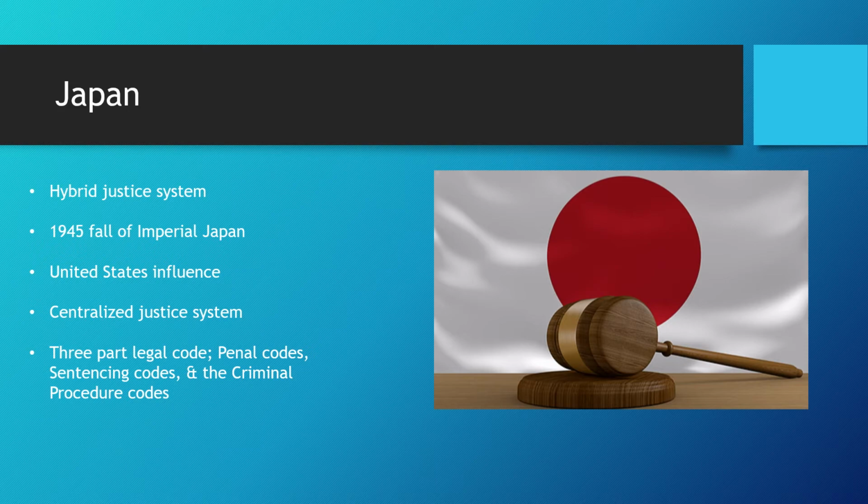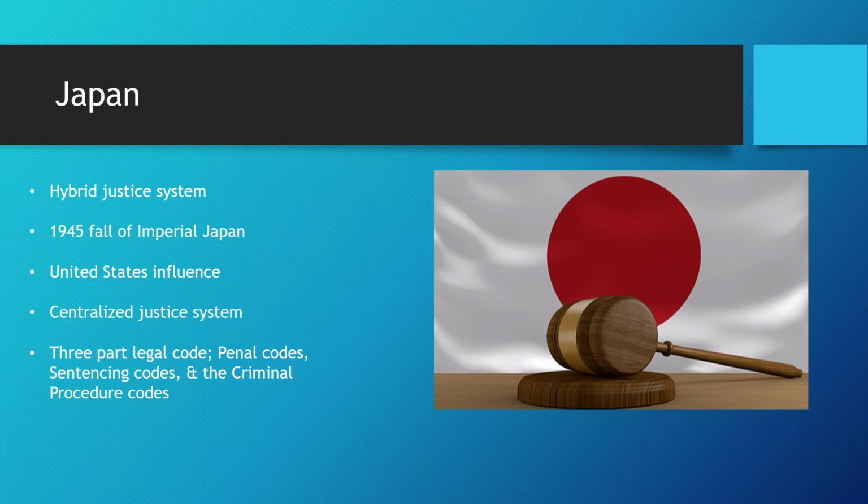However, their system is highly centralized, as in everything's federal. They're not necessarily a civil law structure like France and Germany would be, but they're not completely common law like the United States, and even more common law would be England.